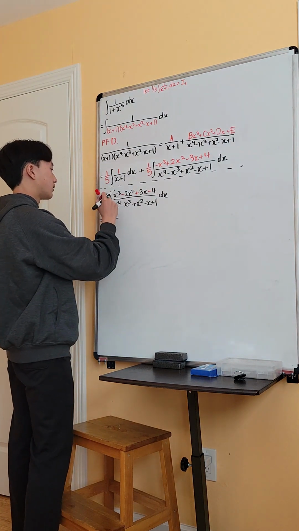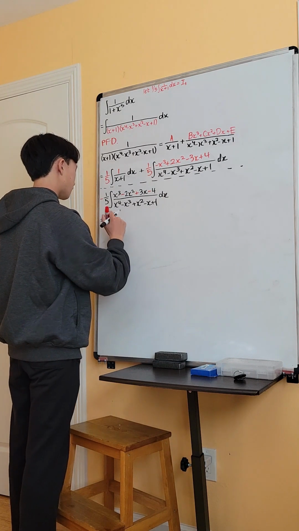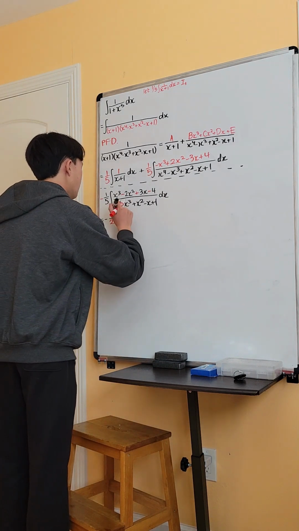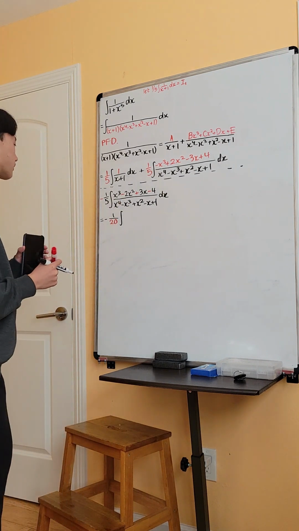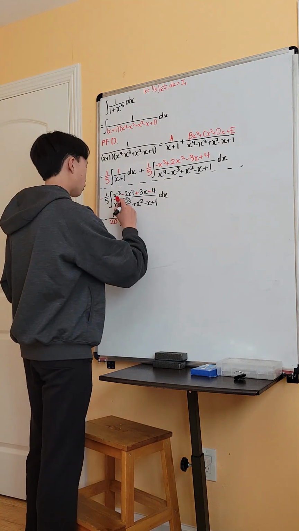Dividing 1/5 by 4 gives you negative 1 over 20. And you have the integral of, then you multiply 4 in on top.